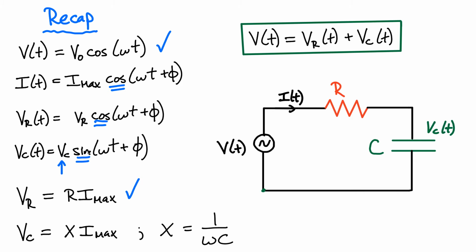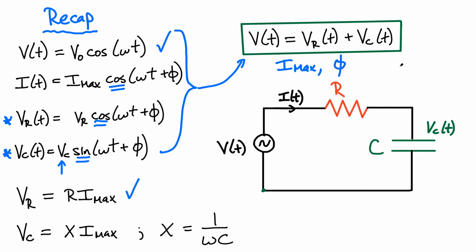At the end of the day, all of these expressions have to be substituted into Kirchhoff's law and used to solve for the maximum current and the phase angle. Once you know those two terms, you can go back and solve for the voltage across the resistor and the voltage across the capacitor. So let's go ahead and show you how to do that.